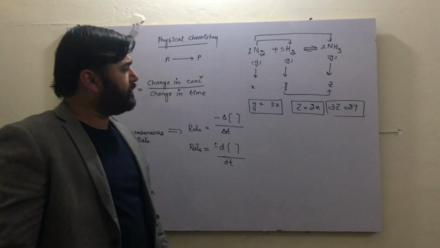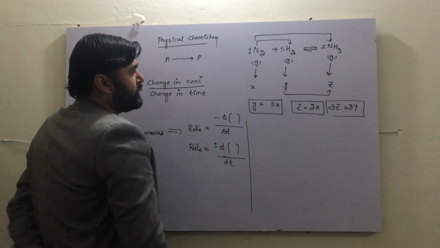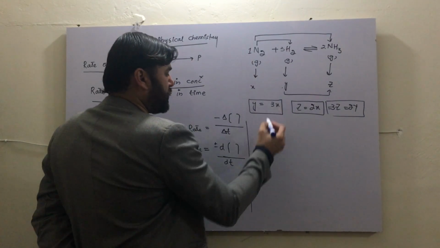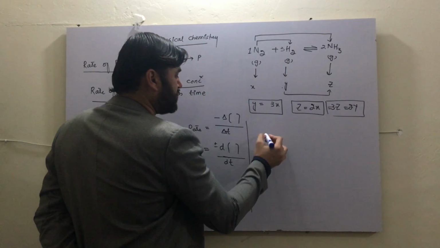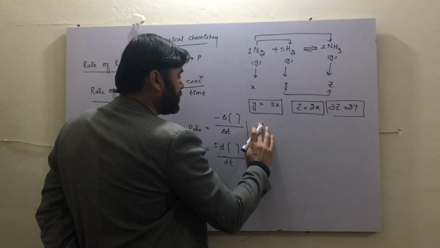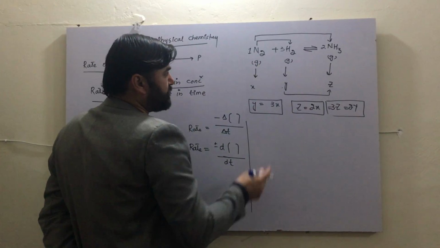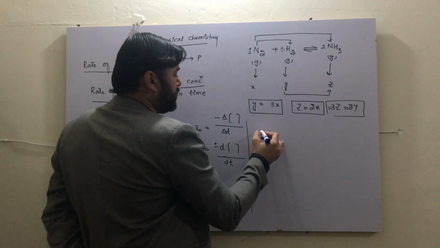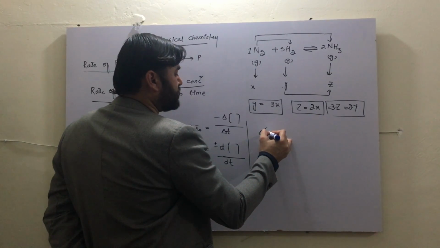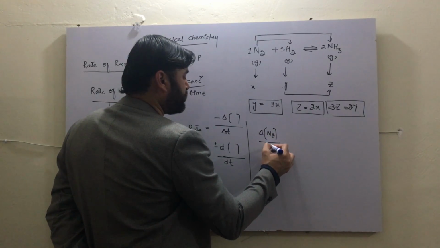So let's have a little more information about this reaction. Now see, suppose this is a reaction, we can talk about rate. The rate of disappearance, if we explain it in a better way and write it like this: the change of concentration of N2 over change in time.